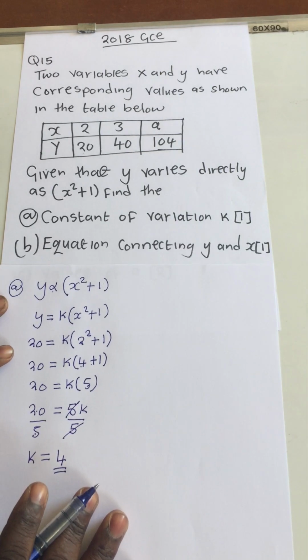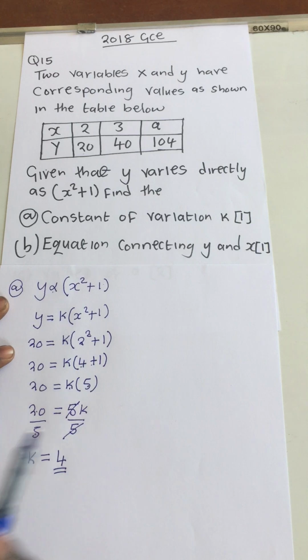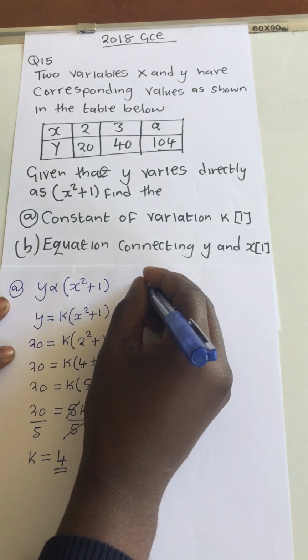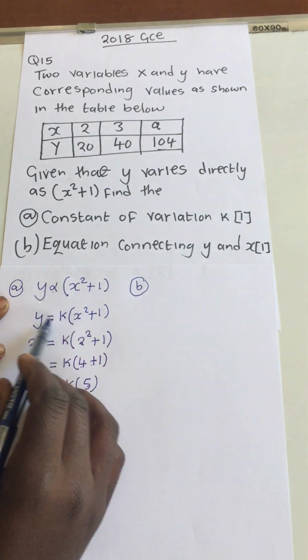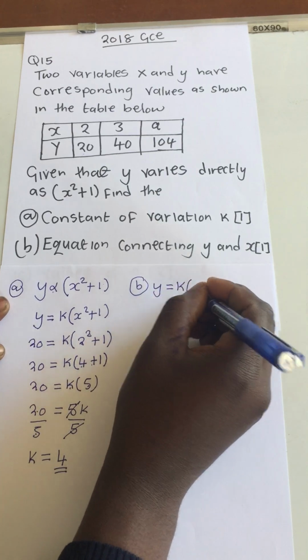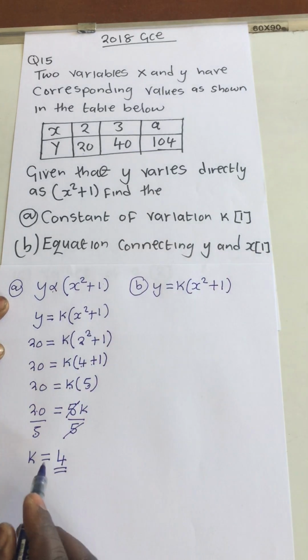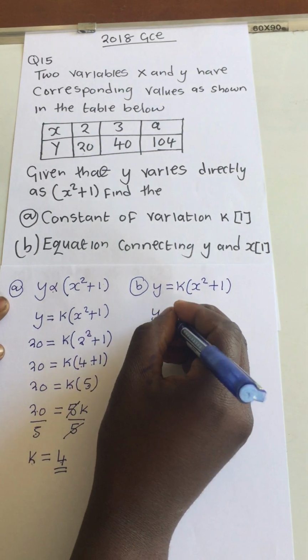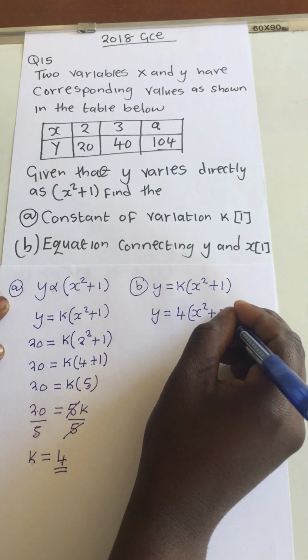The next question says, find the equation connecting y and x. They just want the equation, they didn't tell you to solve. So you copy it the way it is: y is equal to k(x squared plus 1). Since the value of k is 4, you say y is equal to 4(x squared plus 1).